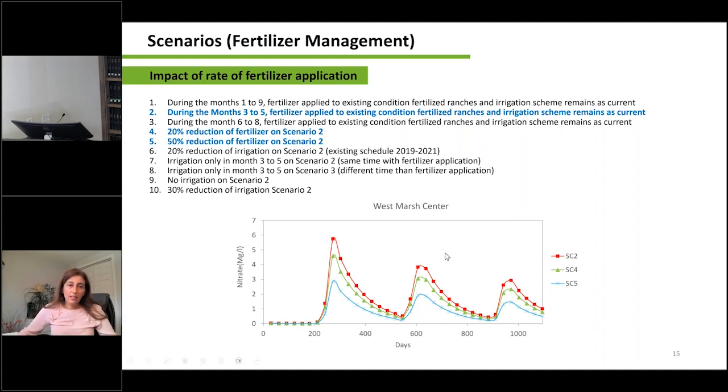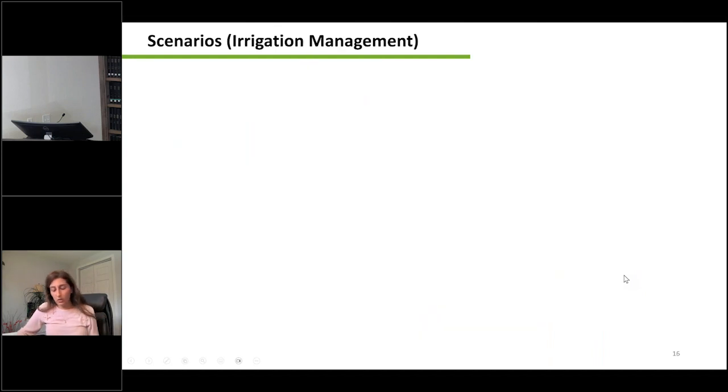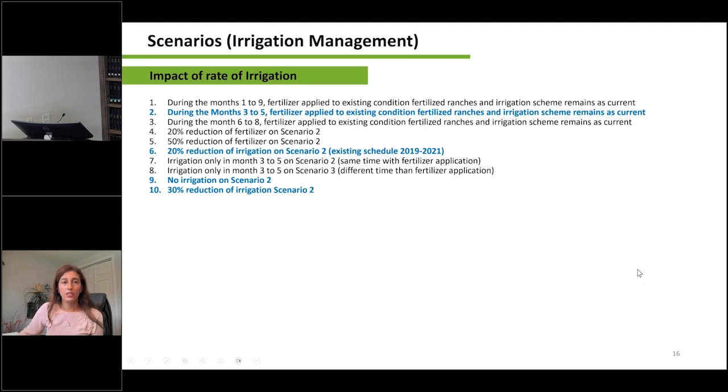The third thing that I'm going to share with you regarding the scenarios and their impact on water quality is about irrigation management. We want to see the impact of irrigation this time on water quality, on nitrogen actually.